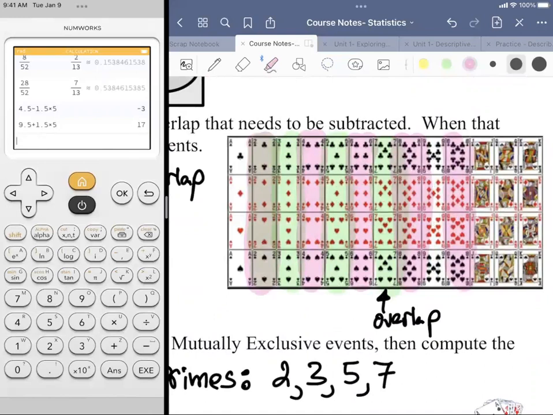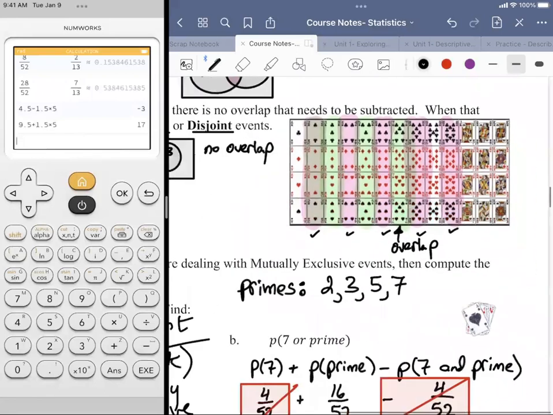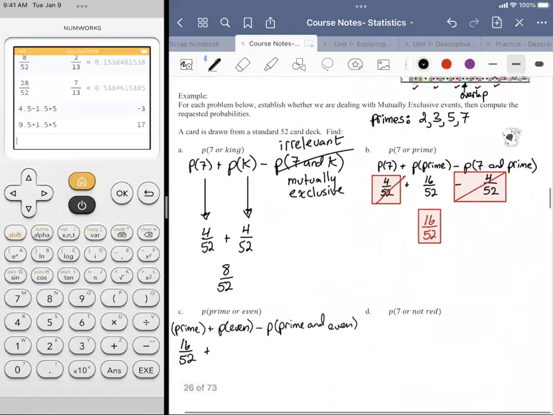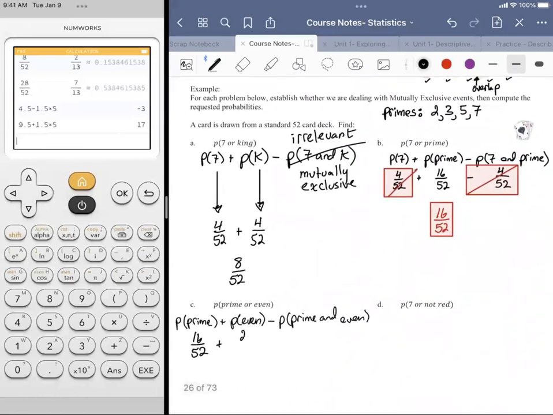All right, so I have 1, 2, 3, 4, 5 instances in which a card is even times 4 because there's 4 of each instance. All right, so we have 4 cards that are all the same number. So I have a total of 20 even numbers. All right, we already know the 16 primes, but now I have 20 evens.